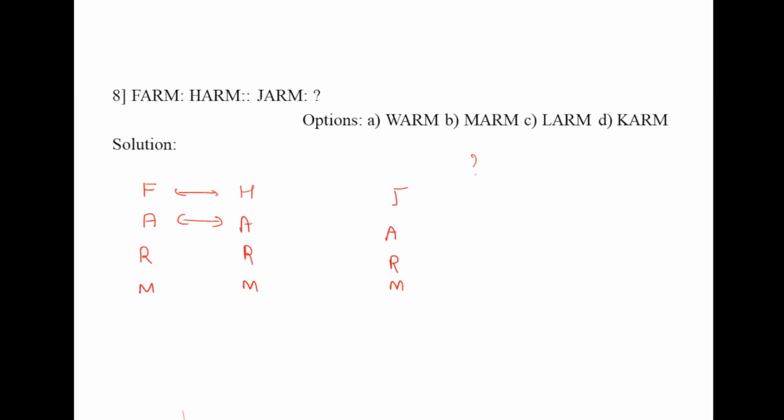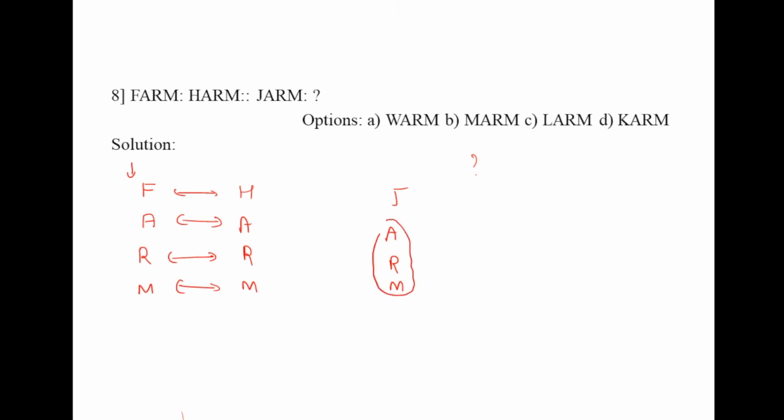The second letter remains the same, A and A. The third also remains R and R. The fourth remains the same. In the options, like JARM, the second, third and fourth letters remain the same as in the previous letter groups. So only the first letter F changed to H.